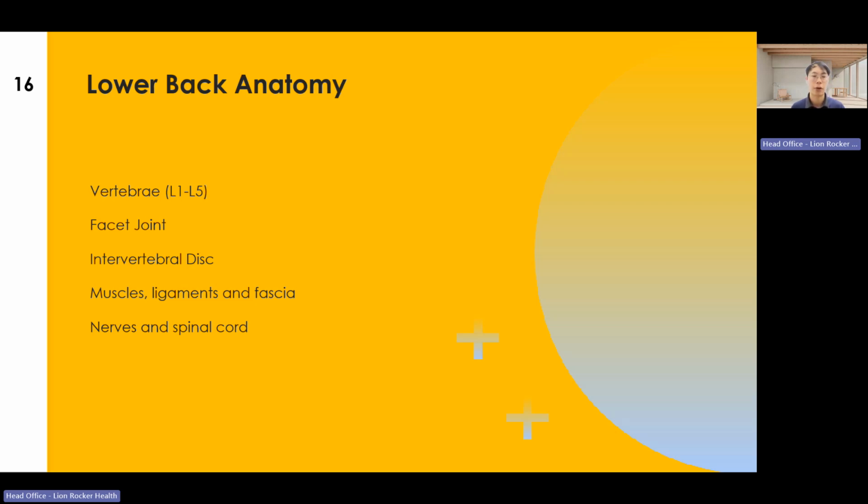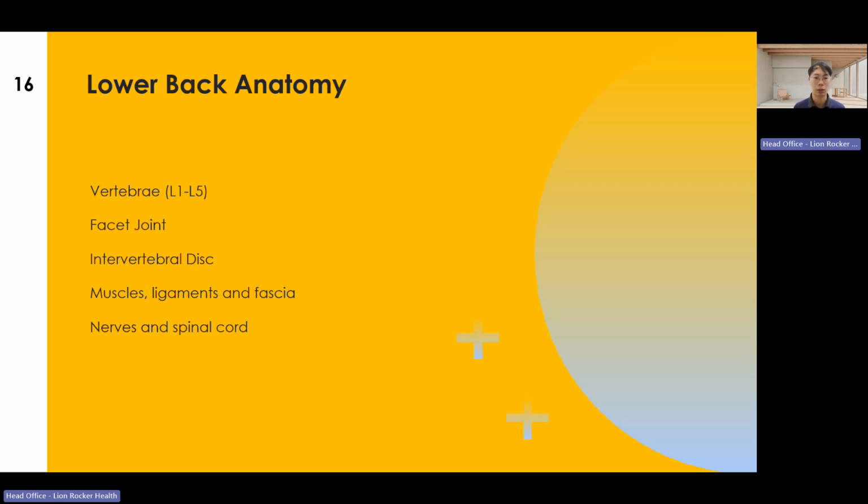A very, very important thing to note is that these structures, or pathologies or problems with these structures, usually don't appear alone. There's usually a relationship between all these structures. You would probably have a facet joint problem and that causes wear and tear, which causes increased friction around the joint, which causes muscles to overexert or become overactive because they're trying to protect the area.